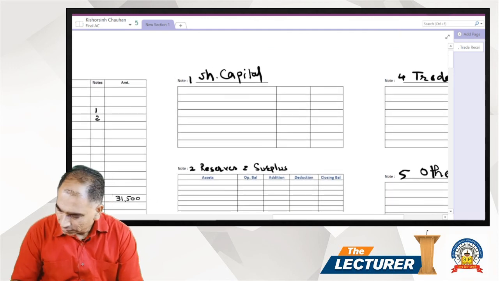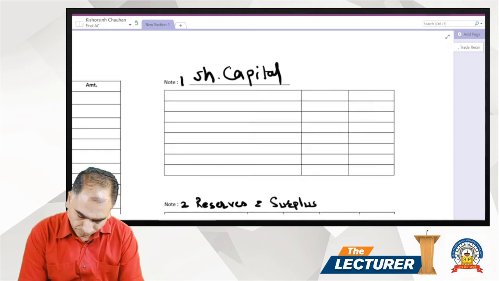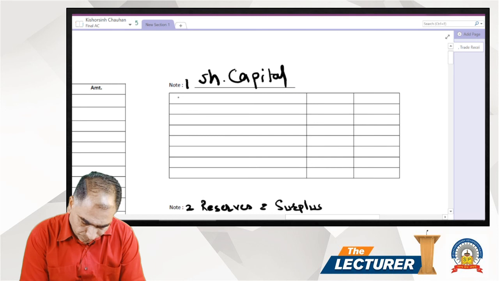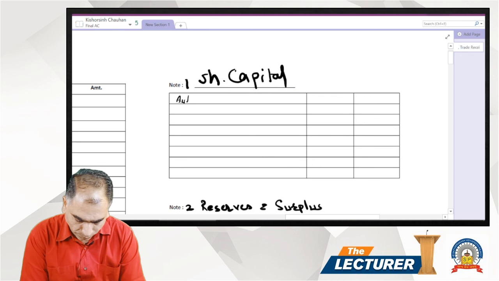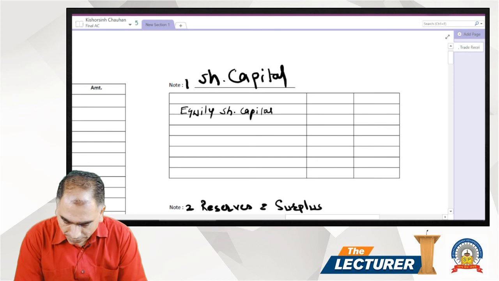So if you see in this, you have equity share capital that comes to 3 lakh rupees.